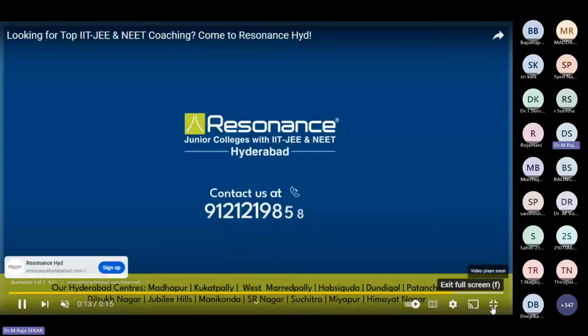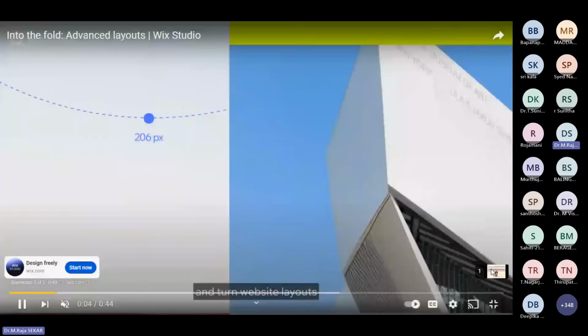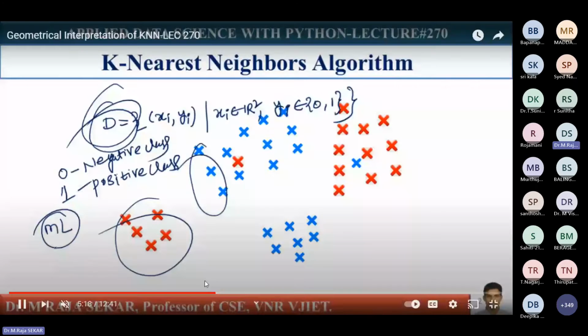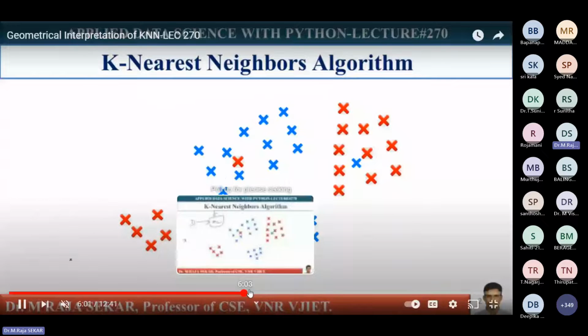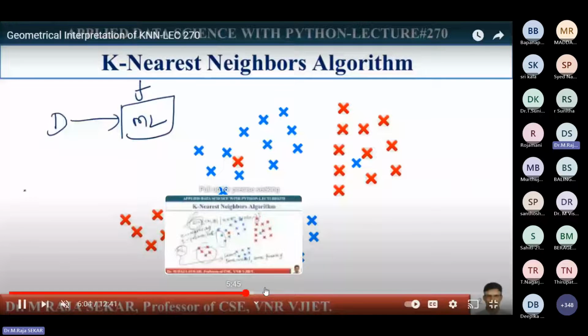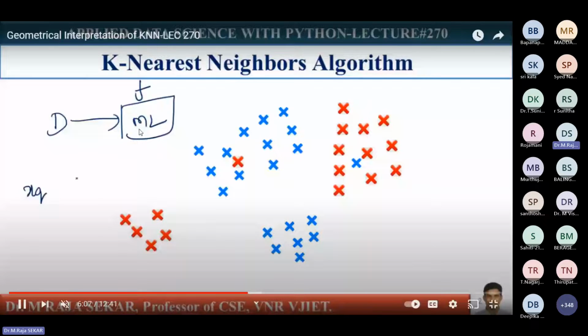Just see, what is this? I have a data set D. Now what do I have to do? I need a machine learning algorithm, here F. F means function, F means model, F means algorithm.